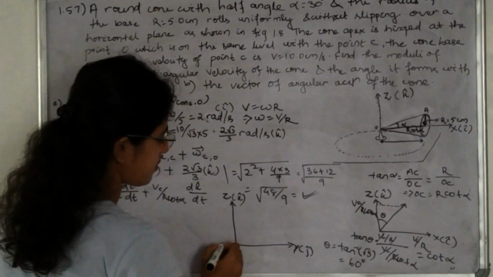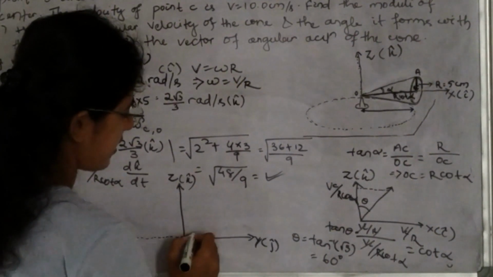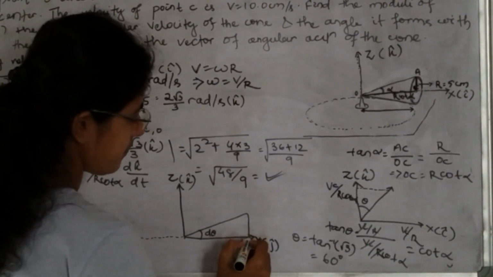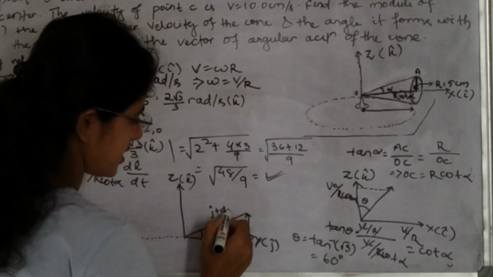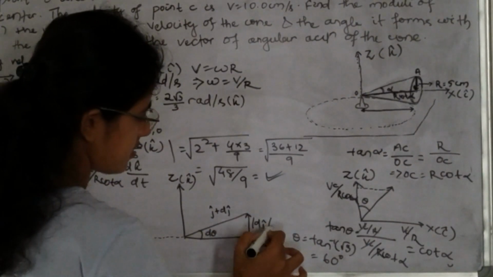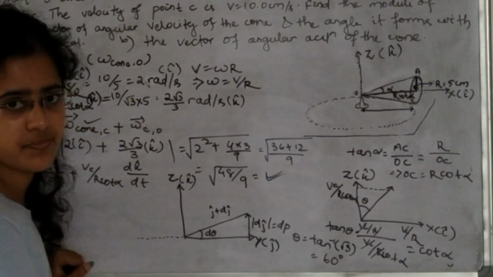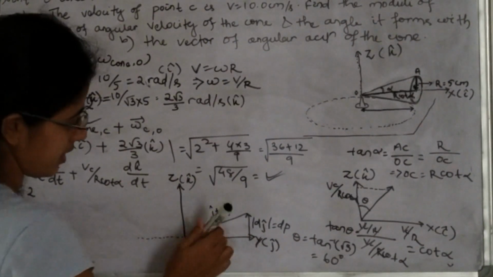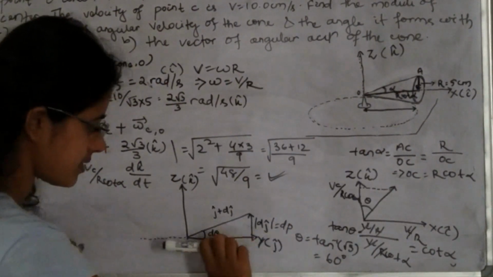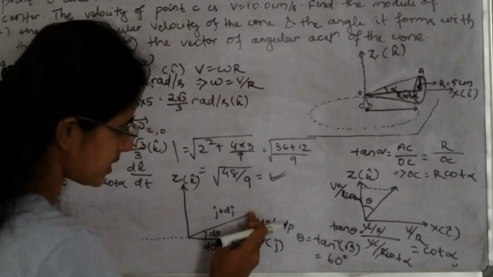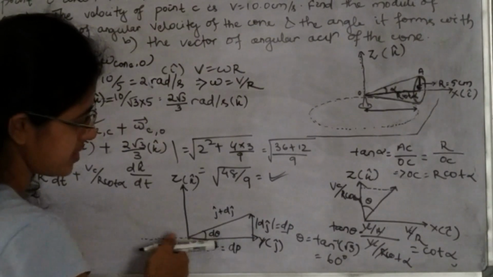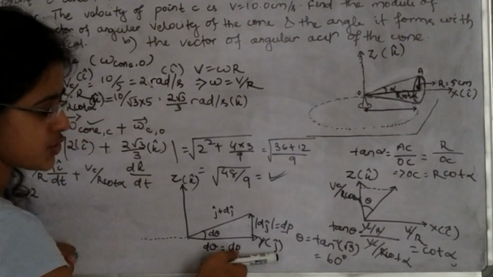Then you can see that in the problem 55, in dt time, let us say this y-axis has moved d theta angle and this will be j cap plus dj cap. This vector is dj cap. Okay. Let us take the magnitude of dj cap as dp. And in this triangle, d theta value is how much? This magnitude divided by this magnitude. So the magnitude of this is dp, as we have considered, divided by this magnitude, the magnitude of j cap.